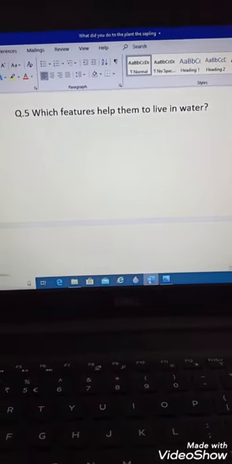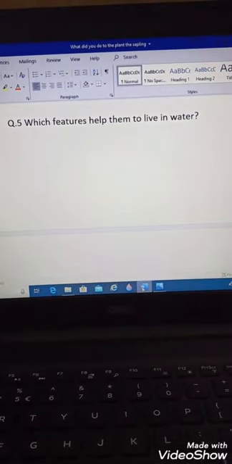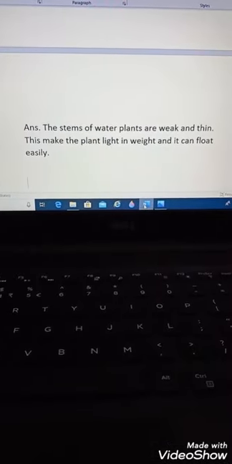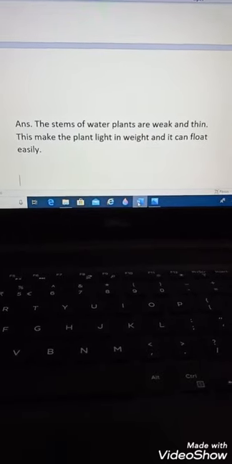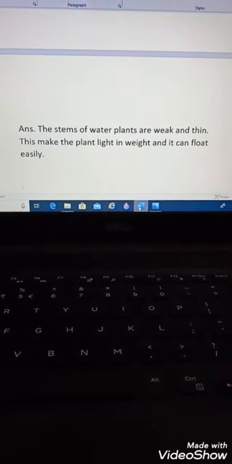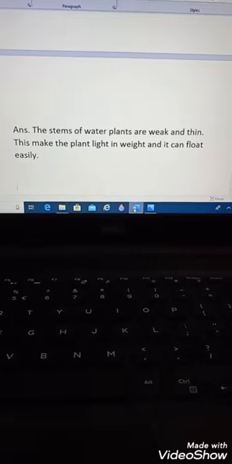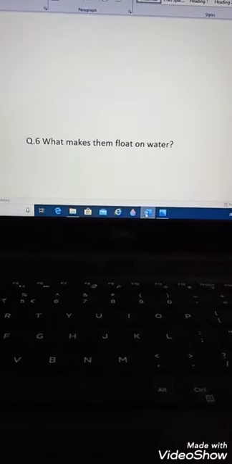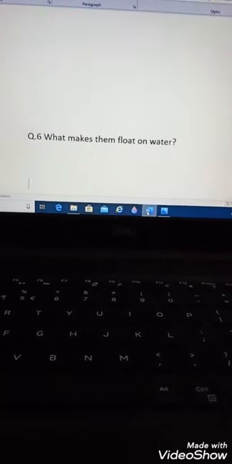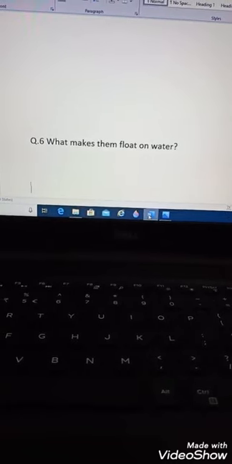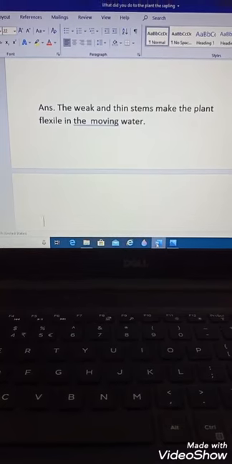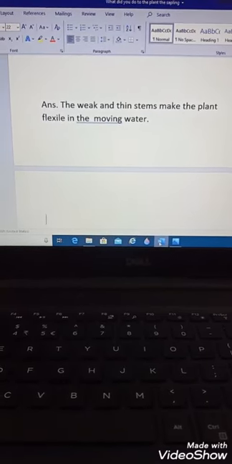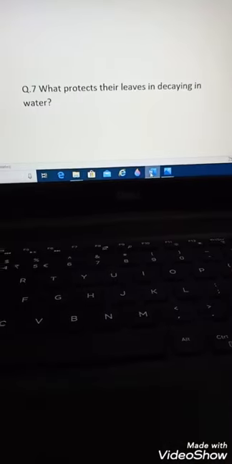Which features help them to live in water? The stems of water plants are weak and thin. This makes the plant light in weight and it can float easily. What makes them float on water? The weak and thin stem makes the plant flexible in the moving water.